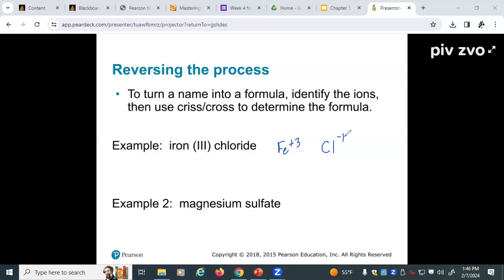No. If they don't match, then we cross them to get the correct formula. The correct formula would be FeCl3. Iron has a subscript of 1 coming from the chlorine. Chlorine has a subscript of 3 coming from the iron.